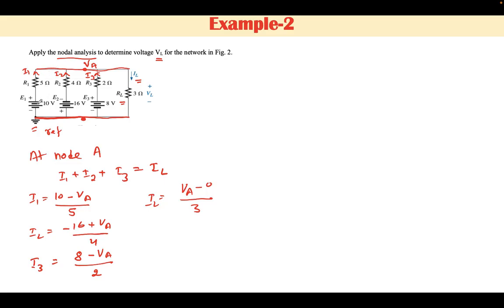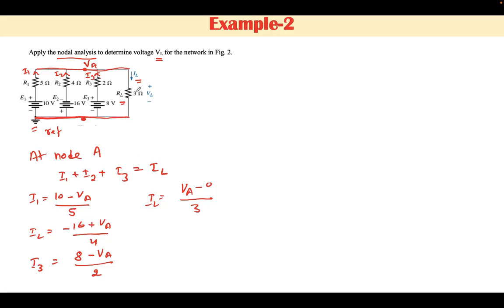Now in this case the current is flowing in this direction, it means this is higher potential, this is lower potential, and this voltage minus this voltage will give the potential drop across this resistance. Similarly here the polarity of the source is opposite to the polarity of this E1, and whereas the direction of current is taken upward, the sign of the source will become minus, then it is minus 16 plus VA divided by 4.